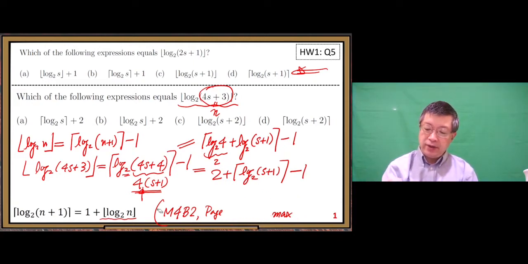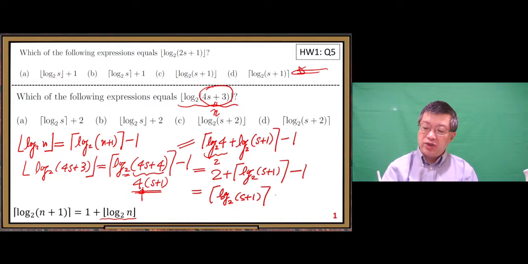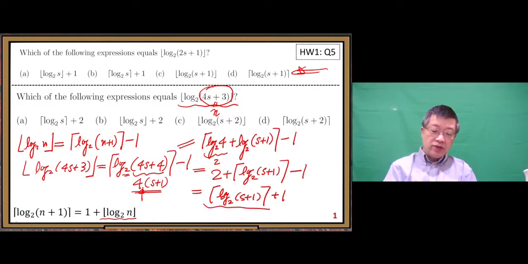Let me erase, I need more space. All right, let me simplify that. S plus 1 plus 1. All right, we have the ceiling function of log of s plus 1. Look at this, replace n by s plus 1.